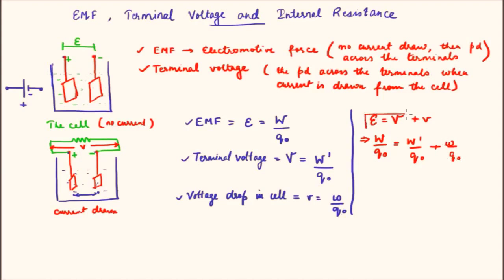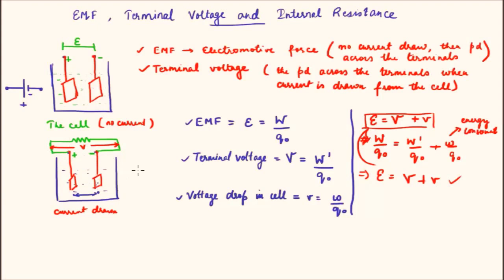Basically we are trying to find out that this has to be the relation. So this is from energy conservation. So total work, that is this, should be equal to this work plus this work, and this total work is our EMF. Therefore EMF is this V plus small v. That gives us the relation that the total EMF drop is terminal voltage drop plus voltage drop across the cell, right? This is just to give a mathematical proof of what we already visually observe here from the theory.